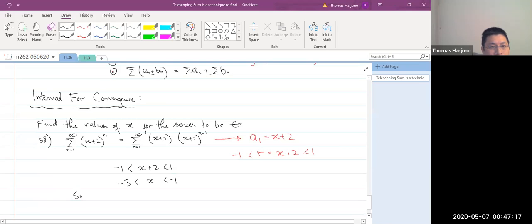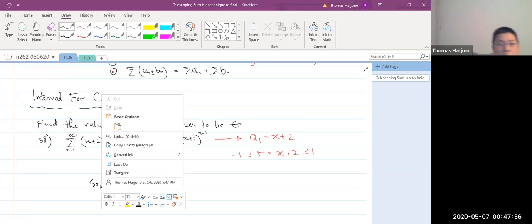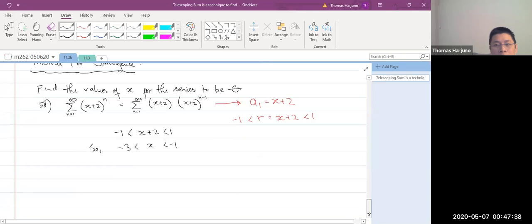So the solution is x in that interval. That's for number 58. Now, how about number 60?